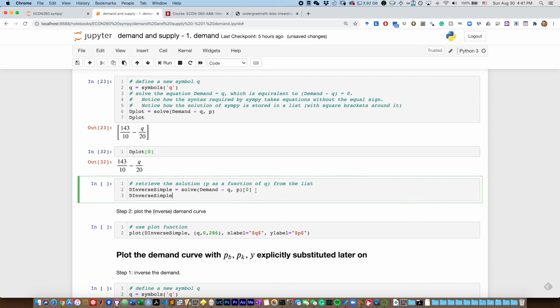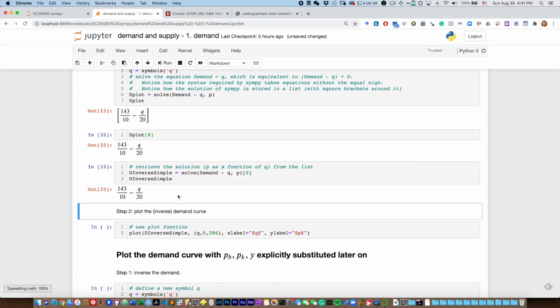So in this cell, essentially what we've done is I have rewritten the solve command again. We're solving the linear equation for p, and that's exactly what we did here. But instead of doing it in 2 steps where I solve it, save it to dplot, and then retrieve the first element in dplot, I can directly solve and then take out the first element in the solution and store it in something called d inverse simple.